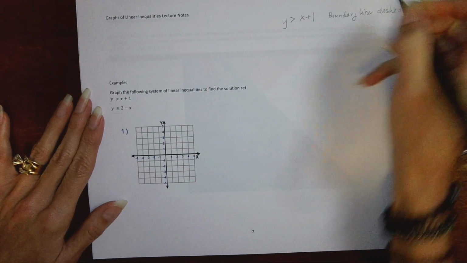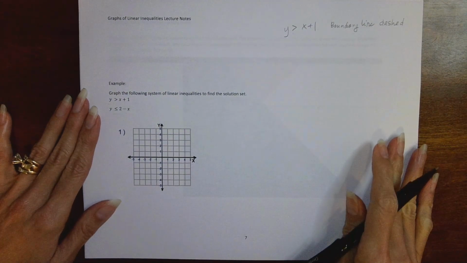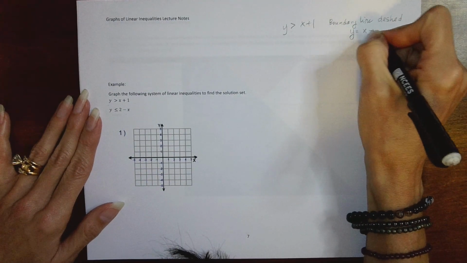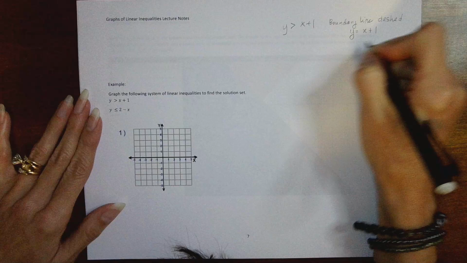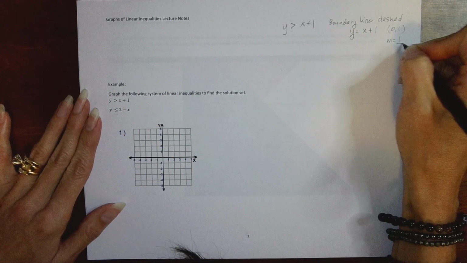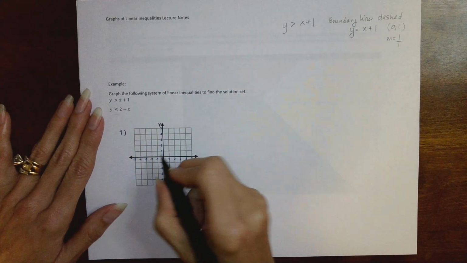Why is it dashed? Because there's no equal sign right there. And so it's going to be y equal to x plus 1. I know that it has an intercept of 0, 1, and it has a slope of 1, which is 1 over 1. So I'm going to go ahead and graph that.